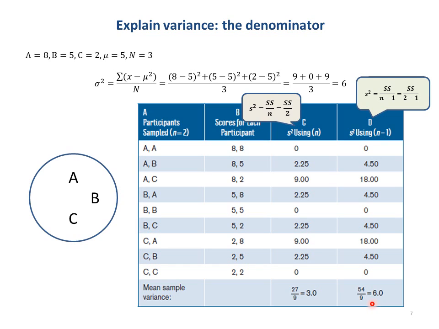And we see that in column D, when we use the degrees of freedom for the sample variances, we get the mean variance is 6, which is the same as the population variance. So this is an unbiased estimator.